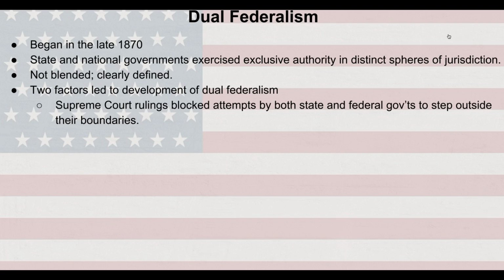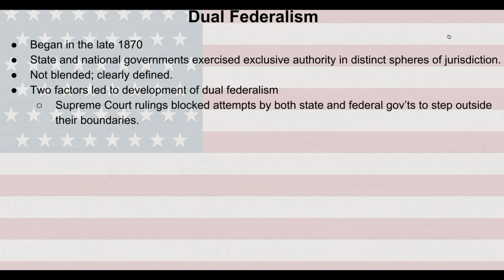In 1803, I probably should have mentioned this earlier, there's going to be a Supreme Court case called Marbury versus Madison, and in this case, the powers of the federal government, the powers of the Supreme Court, really, are going to be expanded pretty exponentially.